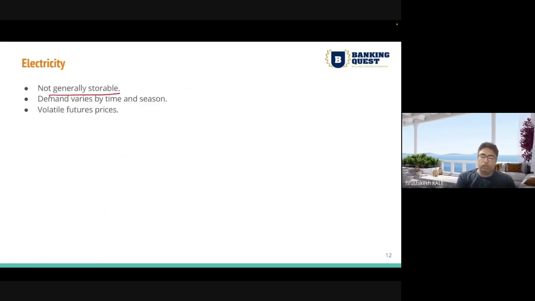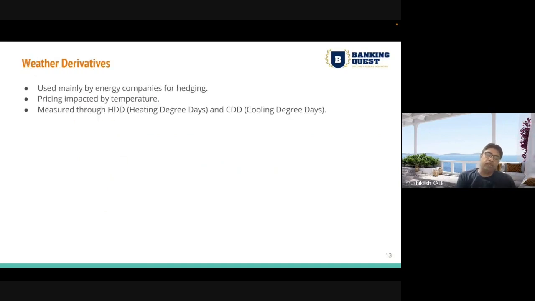Electricity, you cannot store it. Demand varies by time and season and therefore future prices are volatile. You have weather derivatives. Yes, it's coming to India. It's not here in India, but yes, it's coming. It is used mainly by energy companies to hedge price impacted by temperature.